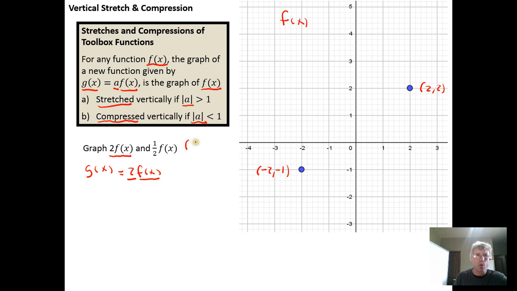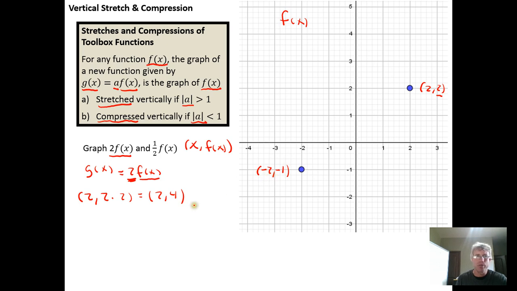Because the ordered pairs are x's, the inputs, and the outputs are the f of x's, the function value evaluated at x. So if I have the ordered pair 2, 2, the output of 2 right here is going to be multiplied by the 2, and it's going to generate the ordered pair 2, 4.